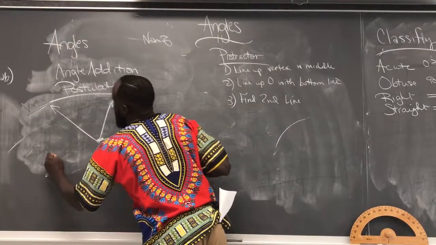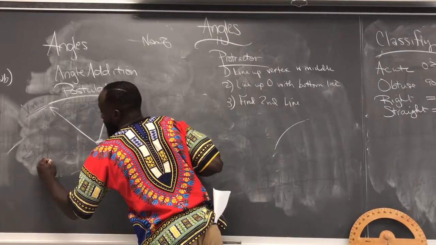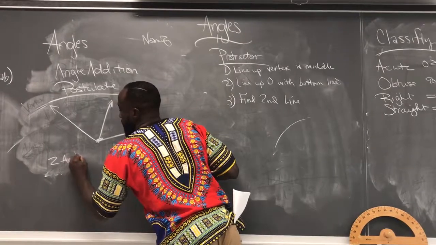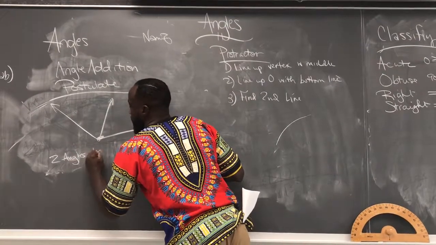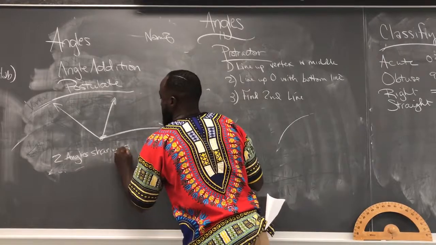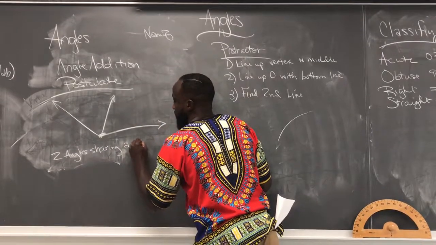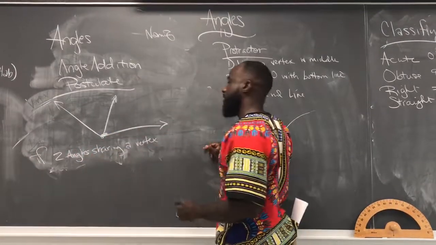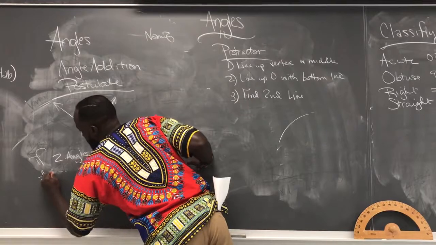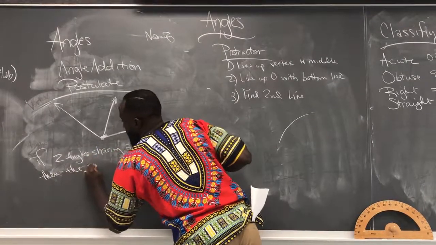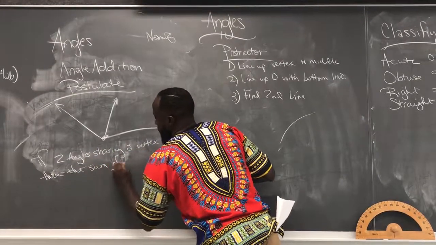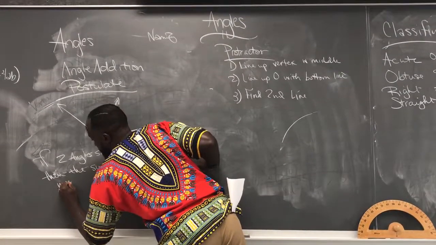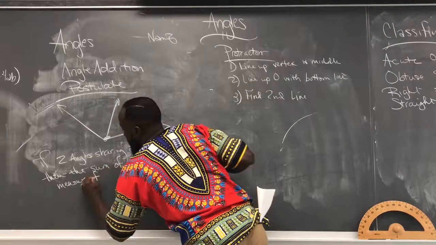So the angle addition postulate means, when two angles share a vertex, then the sum of those two angles is the measure of the big angle.